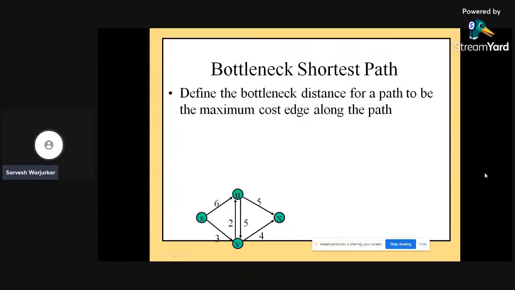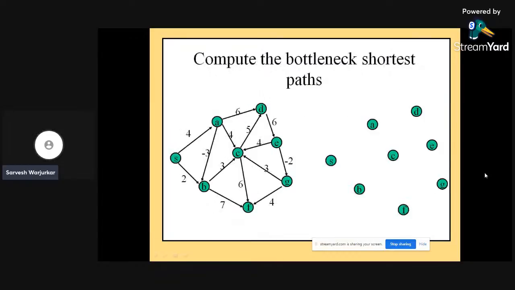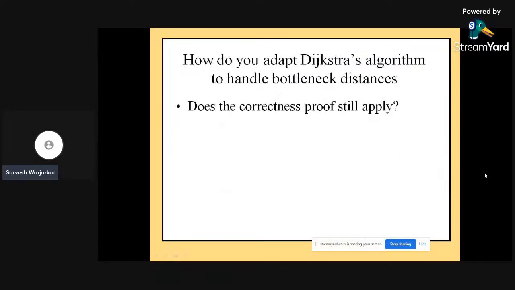We can repeat the same steps again and again until we get the final answer. This bottleneck shortest path can also be possible by applying negative weights as well. So you can find it out by simply following all these rules of Dijkstra's algorithm.